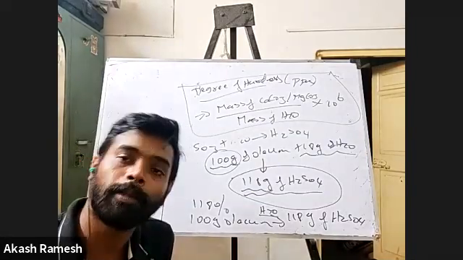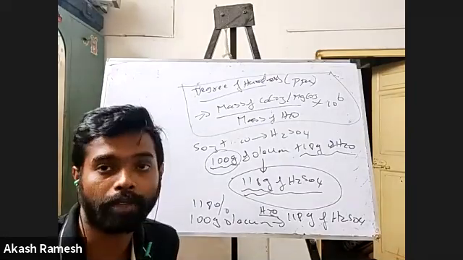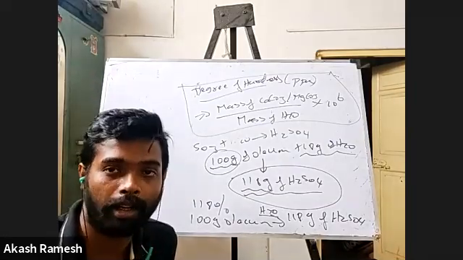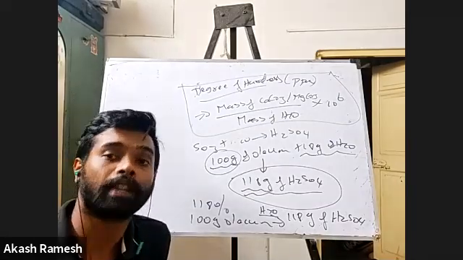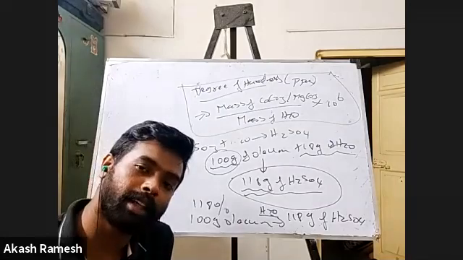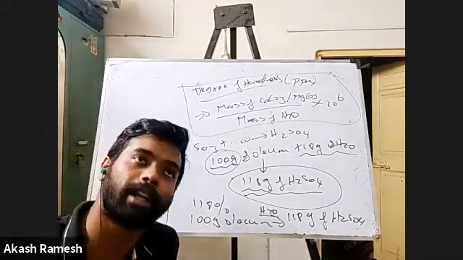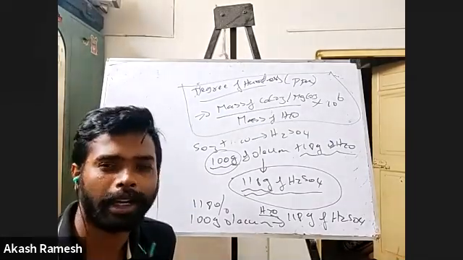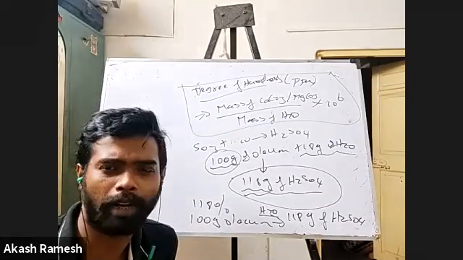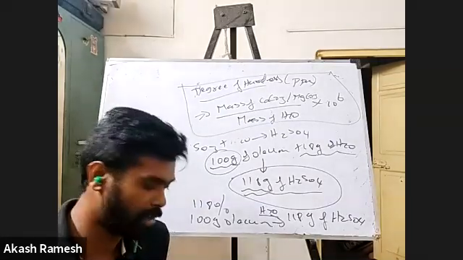Next class we'll do the remaining organic, and then we'll go for all the physical chemistry chapters in your 12th class: electrochemistry, chemical kinetics, solutions, solid state, surface chemistry. Other than that, I have coordination compounds and metallurgy, and then the S&P block. D and F block I don't think I have to cover, because coordination compounds will mostly cover it. So these are the things left.